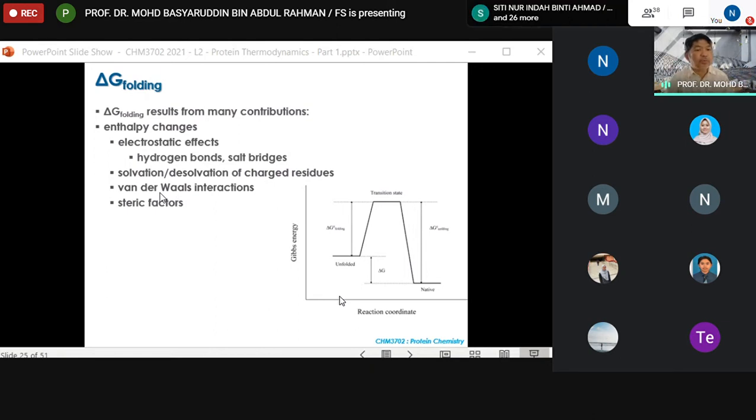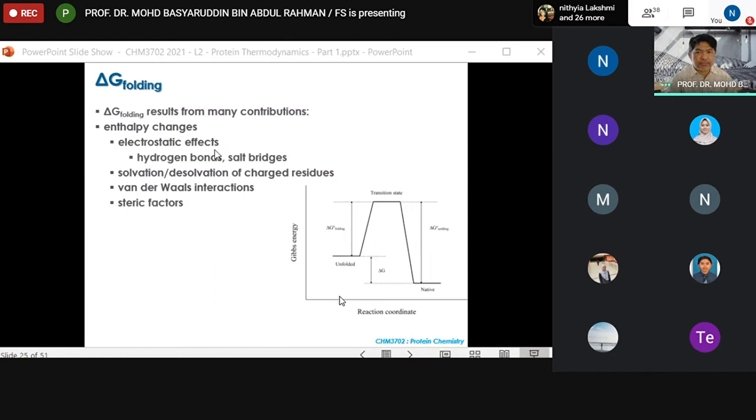The hydrophobic effect, particularly from the water entropy. Now you start to get confused. What is water entropy? Because water normally has a very random movement, and in the protein in order to stabilize it. Okay. What else?